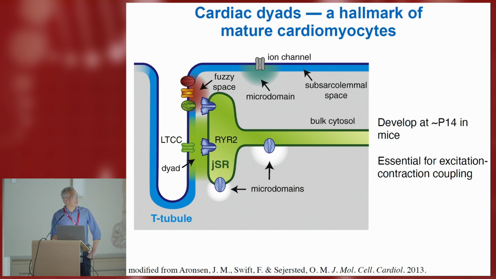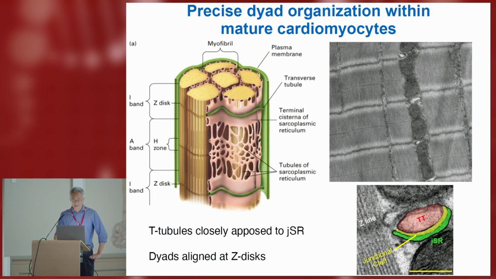So in mice, this structure, the dyad, develops at about P14, and you could think of it as the heart of excitation-contraction coupling. Sometimes in those cartoons, you lose sight of what the actual structures look like.